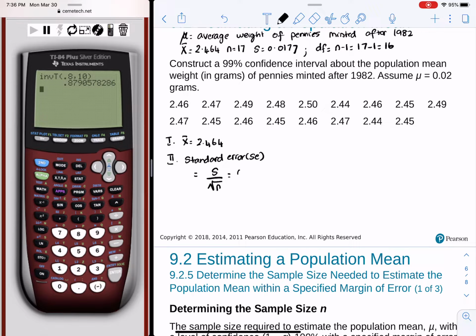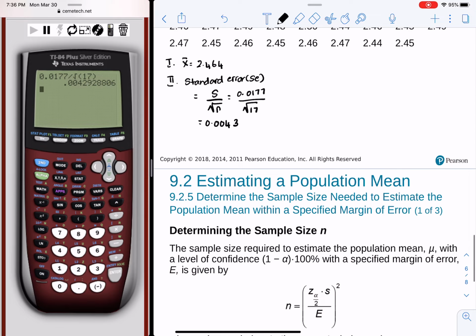We know the standard deviation is 0.0177 divided by the square root of 17. We end up getting 0.004. We have the standard error now.